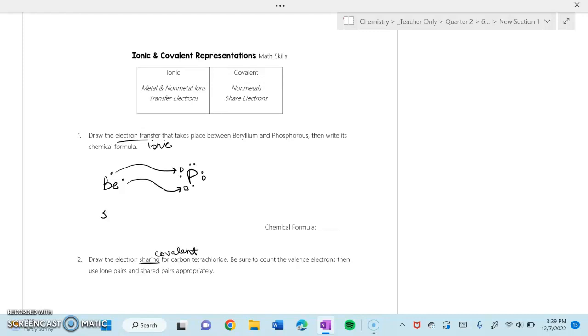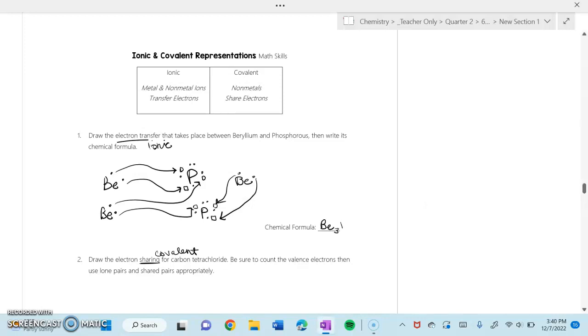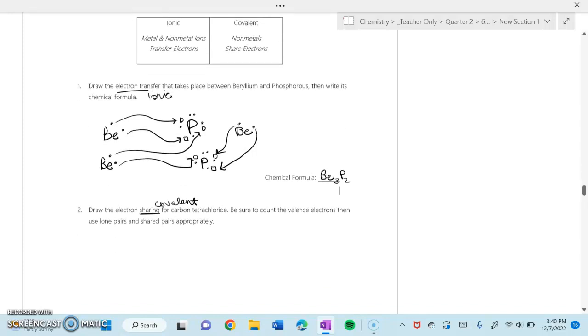And remember, we add elements to fill those until all of our spots have been filled appropriately. And now we have filled all the spots. So we've got 3 beryllium and 2 phosphorus. There's our chemical formula and the electron transfer that takes place between them.